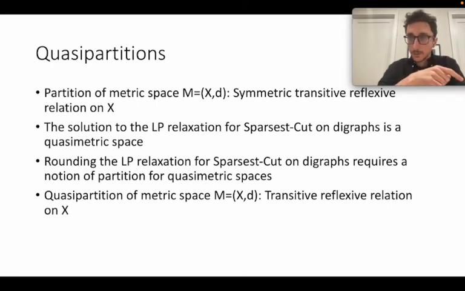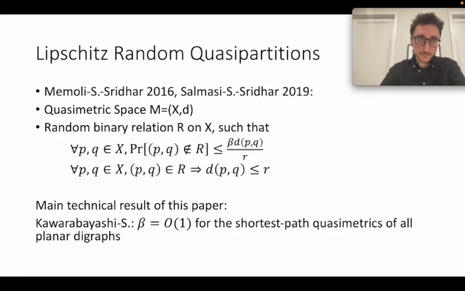What we end up with is a different type of relation, which we refer to as a quasi-partition. It's a transitive reflexive relation on the set of points. It turns out that this is the right object one needs to study if we want to understand rounding of LP relaxations of directed Sparsest-Cut and related cut problems on directed graphs.